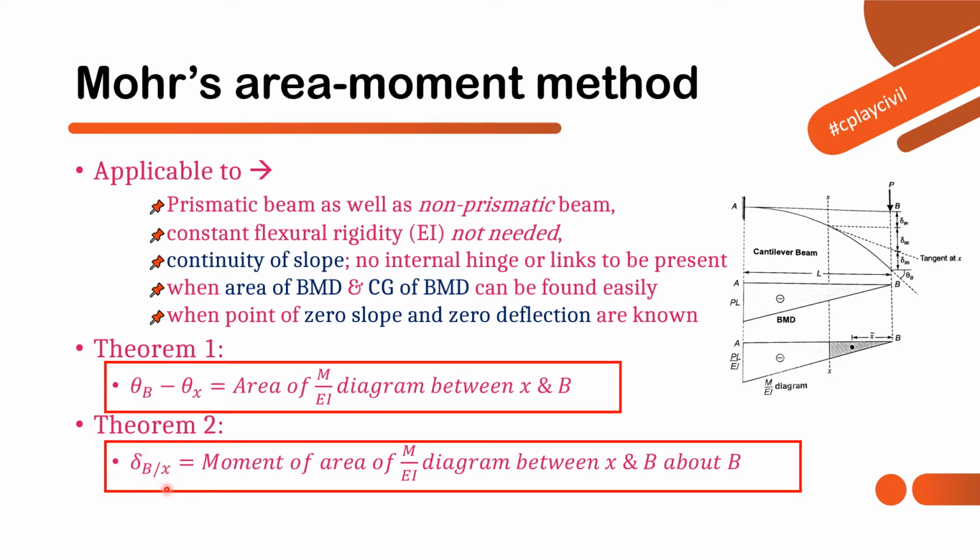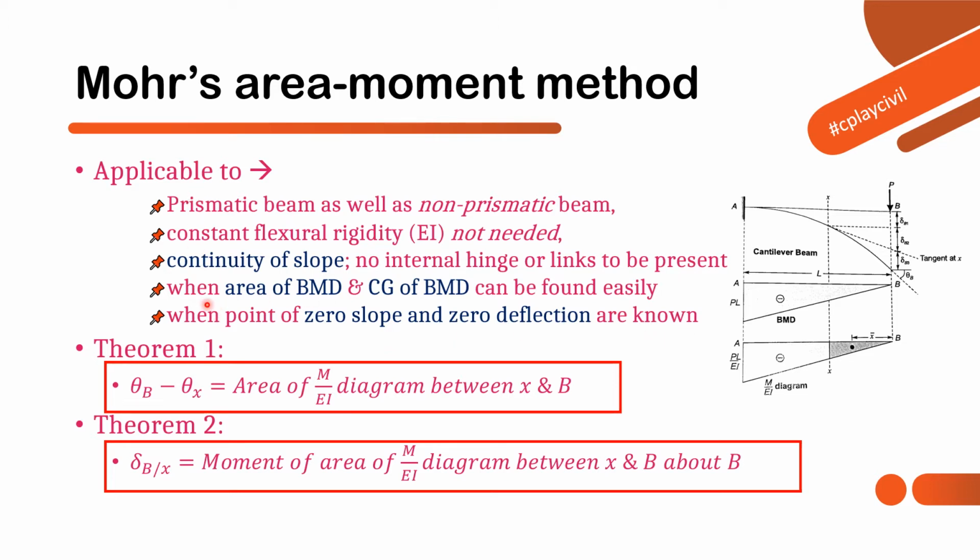Deflection at B about X is nothing but the moment of area of the M by EI diagram between X and B about B. So this is the M by EI diagram. The moment of area of that diagram about point B, between X and B, gives the deflection at that end B. So these are the two theorems followed in Mohr's area moment method, and it can be applicable to non-prismatic beams, variable flexural rigidity, when the area and CG of the BMD can be found easily, and when the points of zero slope and zero deflection are well known.